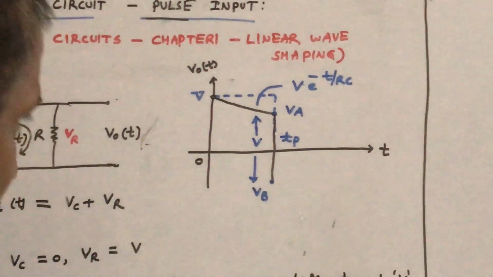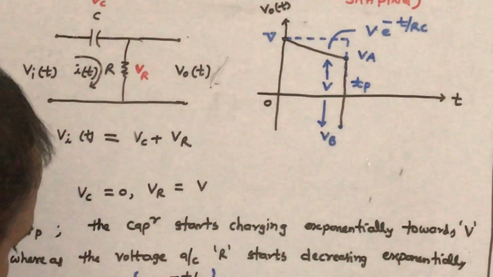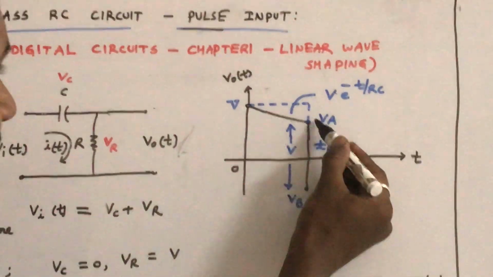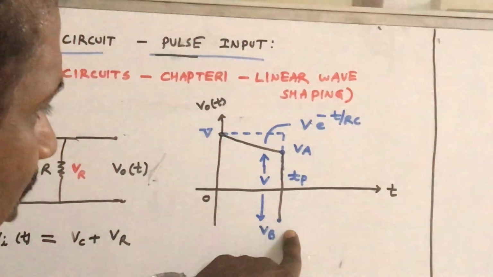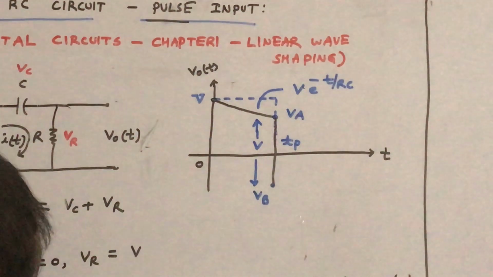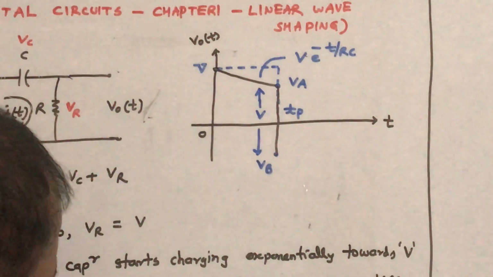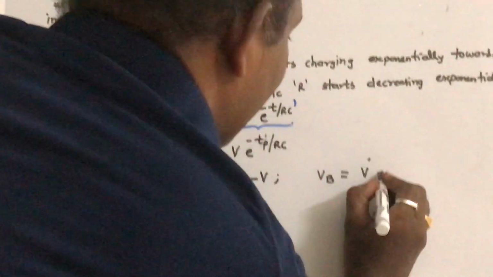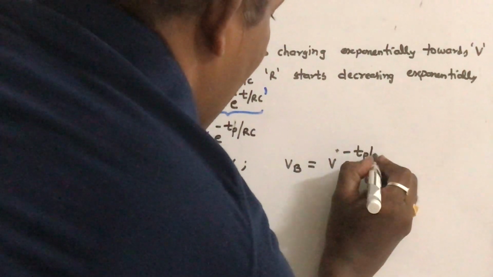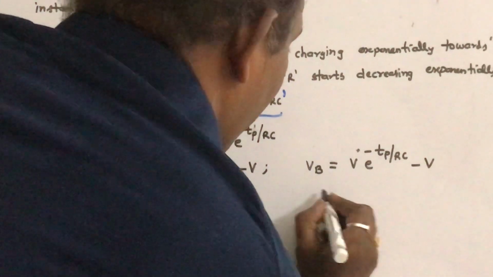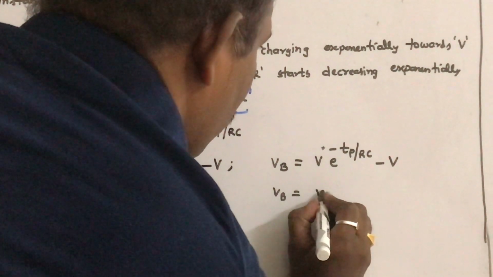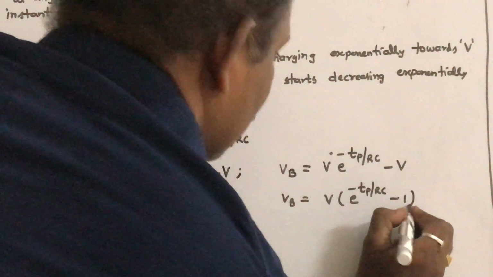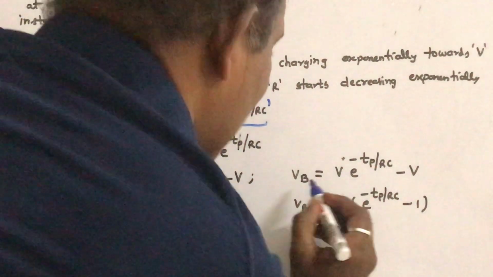So at t is equal to Tp, VB is given by VA minus V. VA we have already written as V into e power minus Tp by RC, minus V. If you take V as common, this is the value of voltage VB.